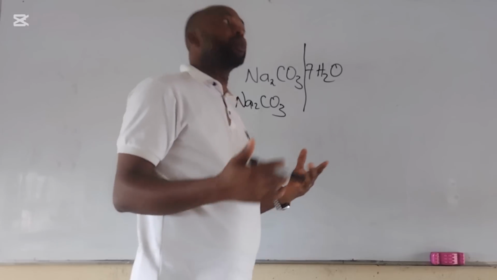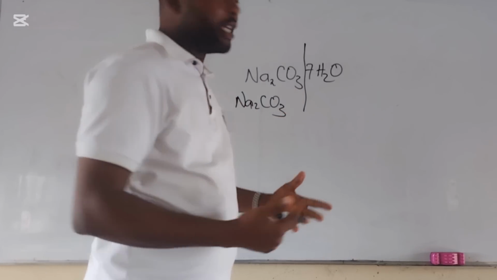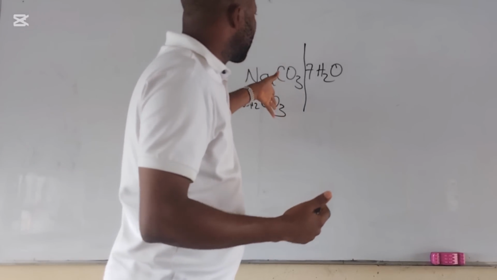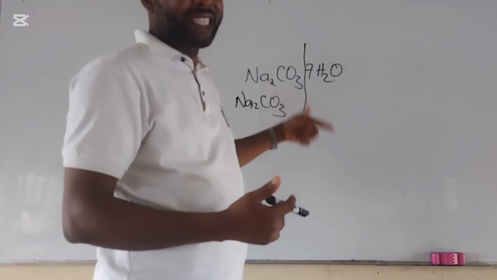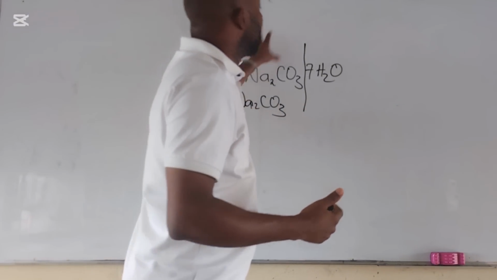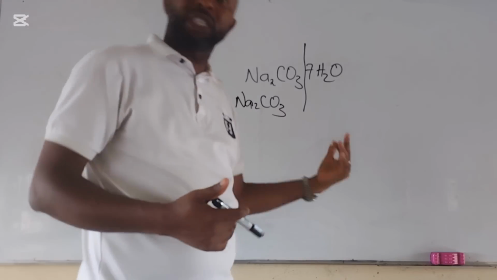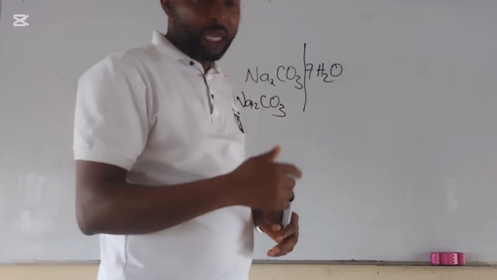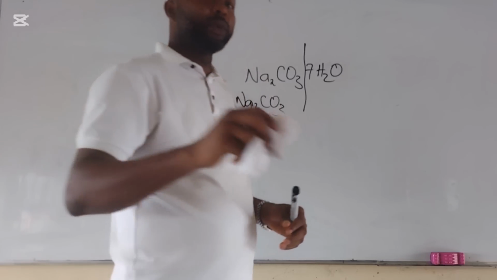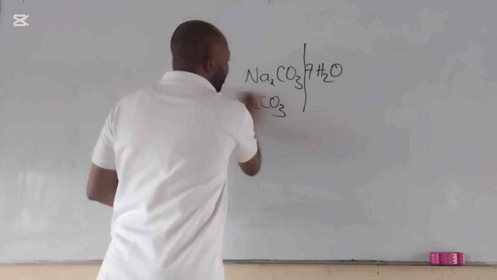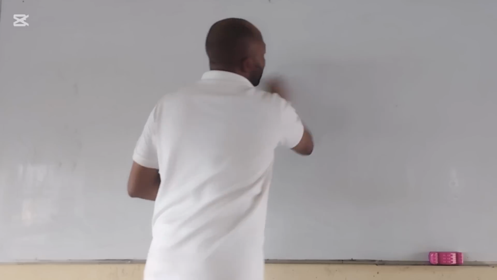So the formula which we often use in determining the number of moles, which is the X, has to be able to define, at the end of the day, the number of moles of water present in the salt sample. Let's take, for example, this is our formula first before we start solving questions.